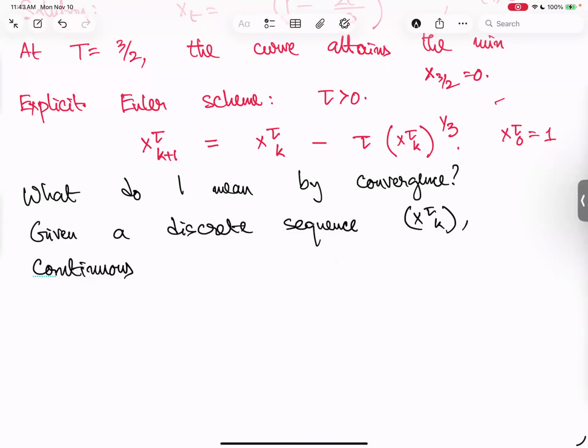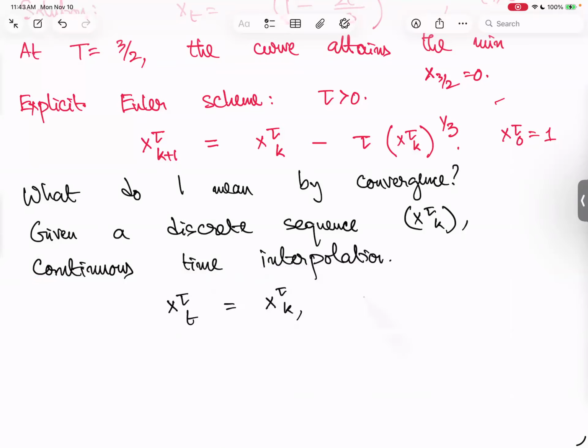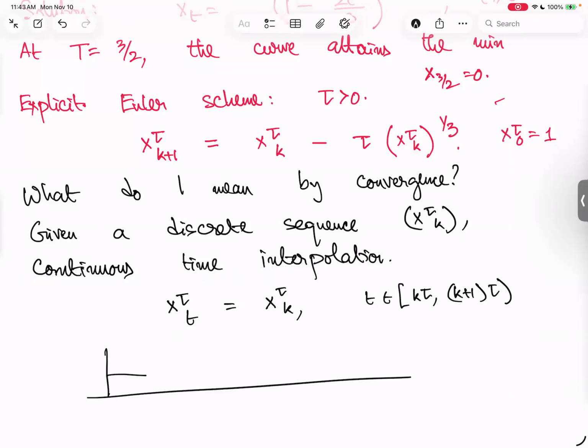So do a continuous time interpolation, which is x_tau(t) equal to x_{tau,k} when t is in [k tau, (k+1) tau). So you basically do a piecewise constant curve. You divide your time in pieces of tau, 2 tau, 3 tau, and so on, and you do a piecewise constant curve. And that's your x_tau(t).